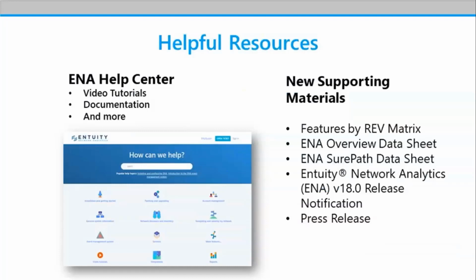That's available from the Help option on the main menu of ENA itself, and it's also available through the Entuity.com website. Just go to the Support tab and you'll find it there. Again, the ENA new release notification is located in this knowledge base.